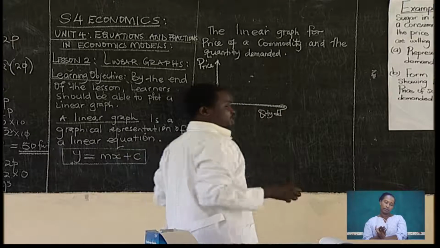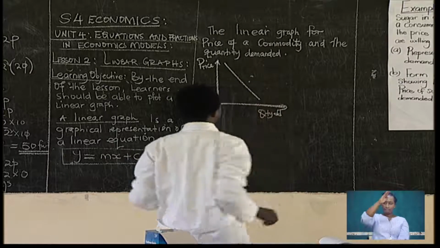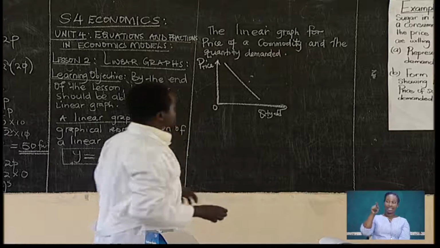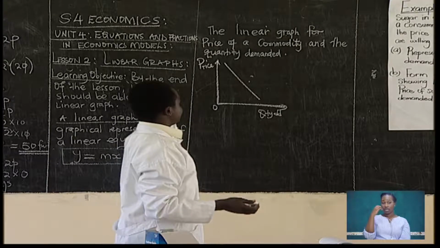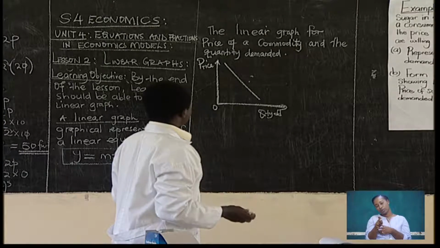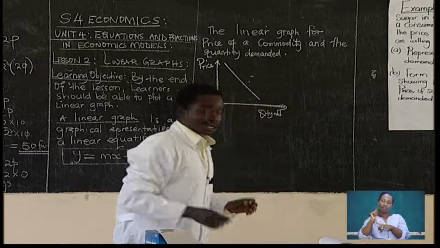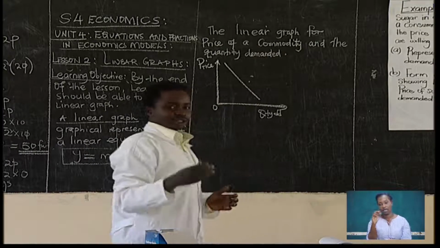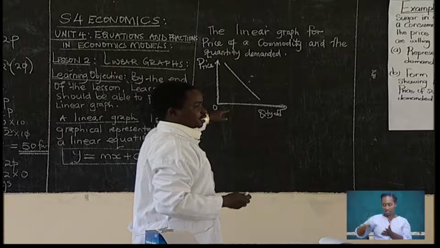When it is a normal demand curve, then this is our slope, which is a negative slope. And if it is a negative slope, how do we generate our equation for this linear graph? Because this is a normal demand curve. You know, from the law of demand, the higher the price, the lower the quantity demanded.